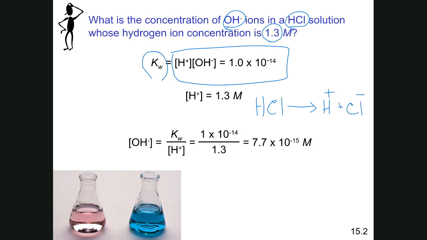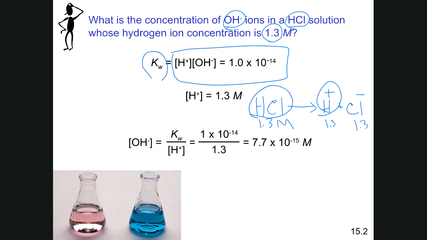If you have 1 mole of HCl, you would get 1 H plus and 1 Cl minus. If you have 1.3 molarity, you will get 1.3 molarity of H plus and 1.3 of Cl minus. So for a strong acid like HCl, it is correct to assume that the concentration of H plus equals the concentration of the molecular acid for monoprotic, based on the balanced equation that we have here.